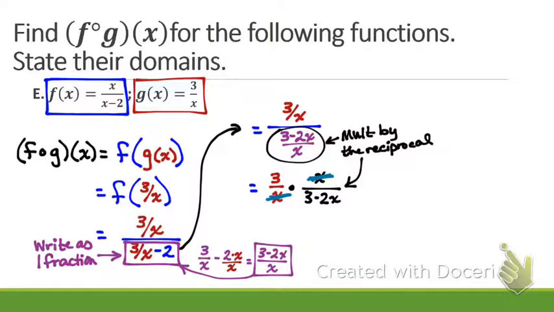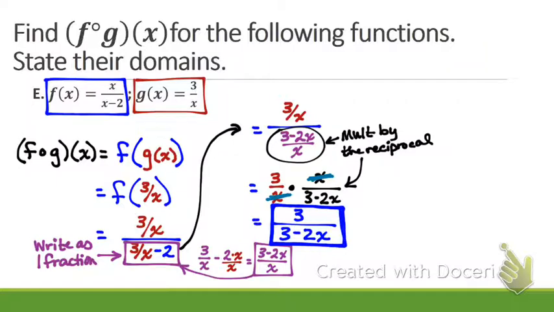If it was 3 minus 3x, then I could factor a 3 out and reduce that. Yes. What's this going to look like now? 3 over 3 minus 2x. Can I do anything else to reduce this at all? No. Nope. This is my final answer.